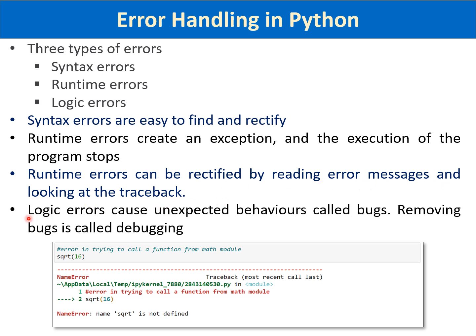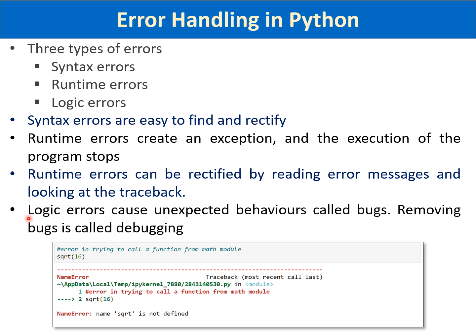Now the third type of error, which is the logic error, is caused by unexpected behavior. Nothing goes wrong, the program runs as if it is perfect, but the results are not as per the expectation.